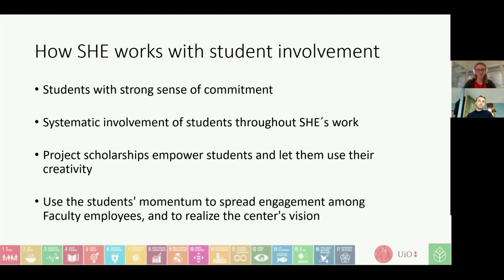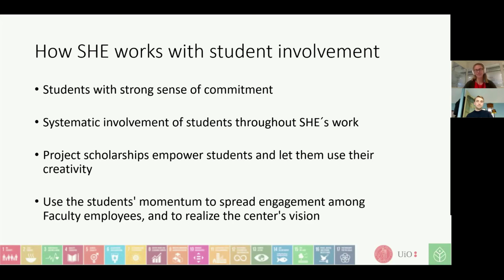While I was a student, I was lucky enough to be part of the process of writing the application for the DQ grant, together with Kristin, Eivind, and Elin Rosvold. And when working on the application, I felt that I was not there just so they could check off the student involvement box. I was there because they genuinely wanted to hear the thoughts of students.